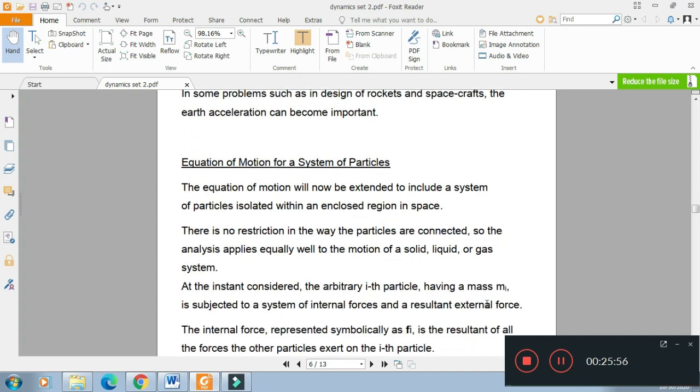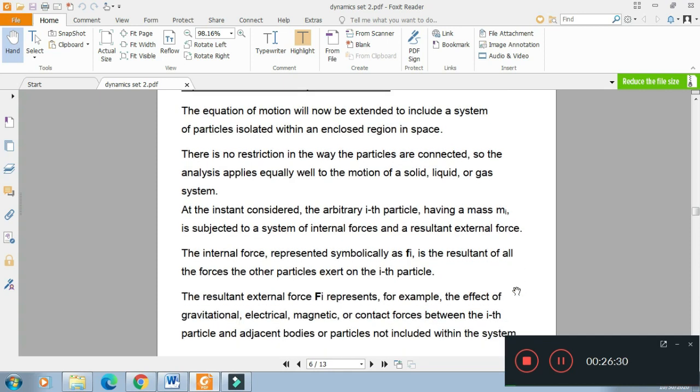Now we consider the equations of motion for a system of particles. Previously we were considering only a single particle, but any object of engineering application consists of a number of particles. Whether it is a solid, liquid or gas, there are several particles. We consider an ith particle and we show the forces.